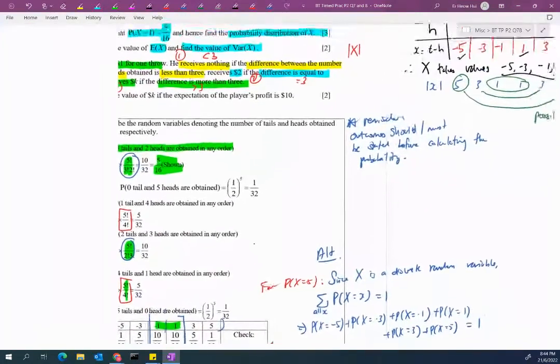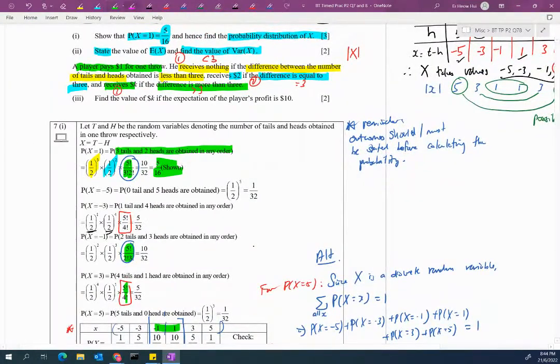We need to find the value of K if the expectation of the player's profit is $10. Notice we're looking at the expectation of the player's profit, and it equals $10.